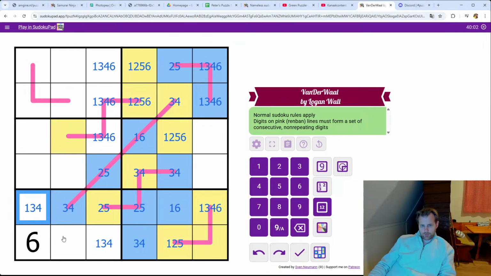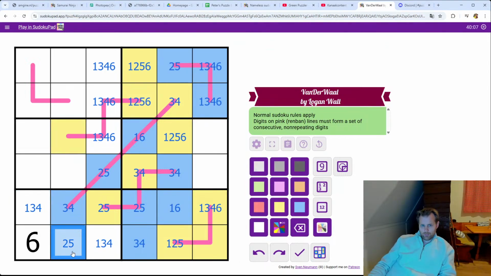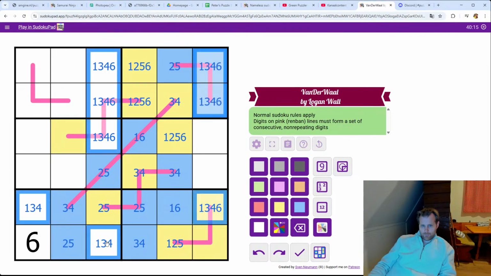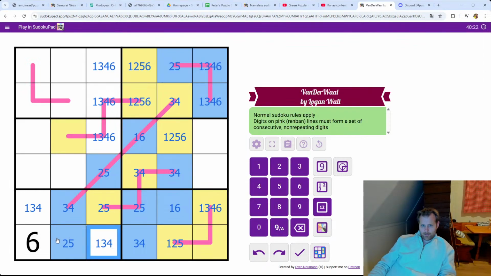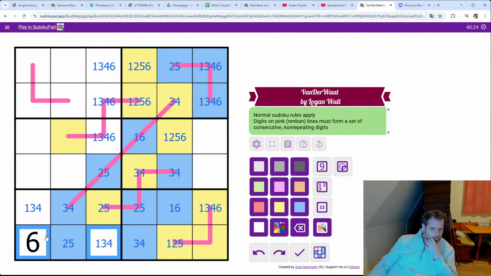This is not 6. This is then a 2, 5, which is blue. And either this one or this one is blue.